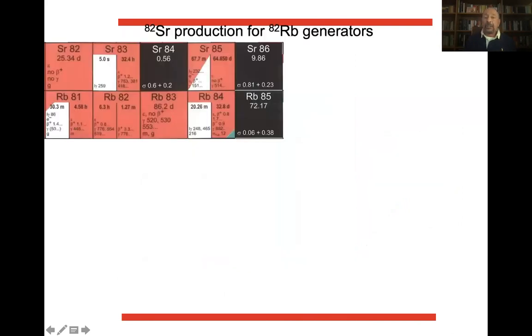Well, the main reason is the production of rubidium-82. For rubidium-82, you generally use radionuclide generators, starting from the parent, which is strontium-82. But to make strontium-82, you have to start from rubidium-85.